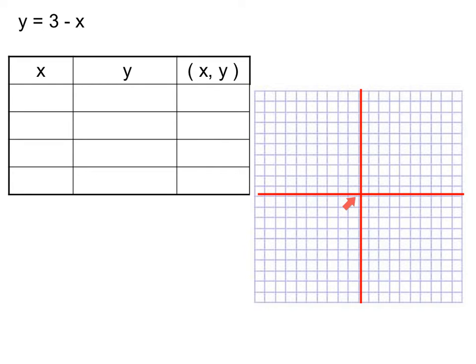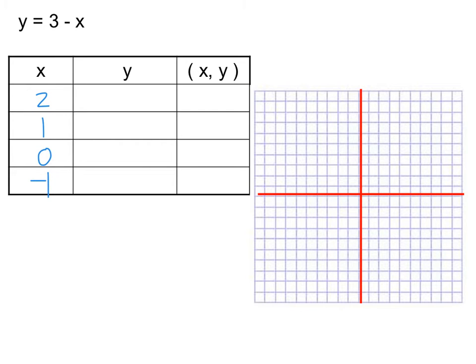So in the coordinate grid I was given, there are 10 spaces for each section. So I'm going to try to pick numbers that will fit within the grid. Otherwise, I might have to adjust. Instead of these being in increments of 1, they might be in increments of 2. But to keep it in increments of 1, I'm going to pick 2, 1, 0, and -1.